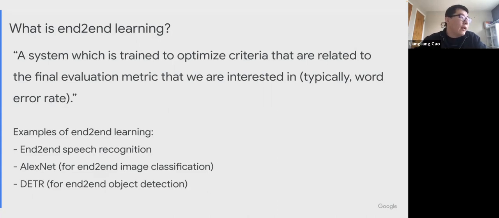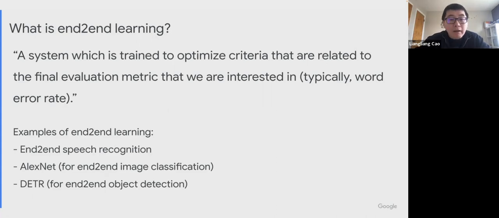And recently, in computer vision, DETR is end-to-end object detection, but Faster R-CNN is not end-to-end because you have other different steps. For example, non-maximum suppression makes the module not end-to-end. So end-to-end learning has some advantage in that we directly optimize the metric.